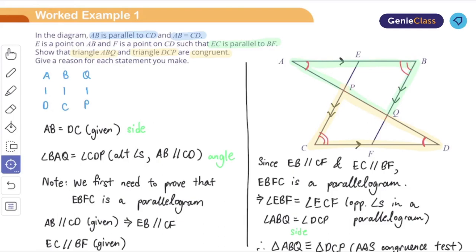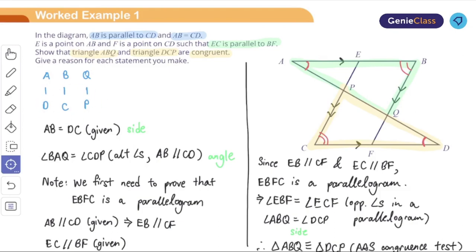Denise, to answer your question, yes, you can write that as well, because essentially they are the same angles. If you're talking about FCE and ECF, yes, they are the same angles. But when you write your congruent angles, it has to be corresponding to the vertices here.